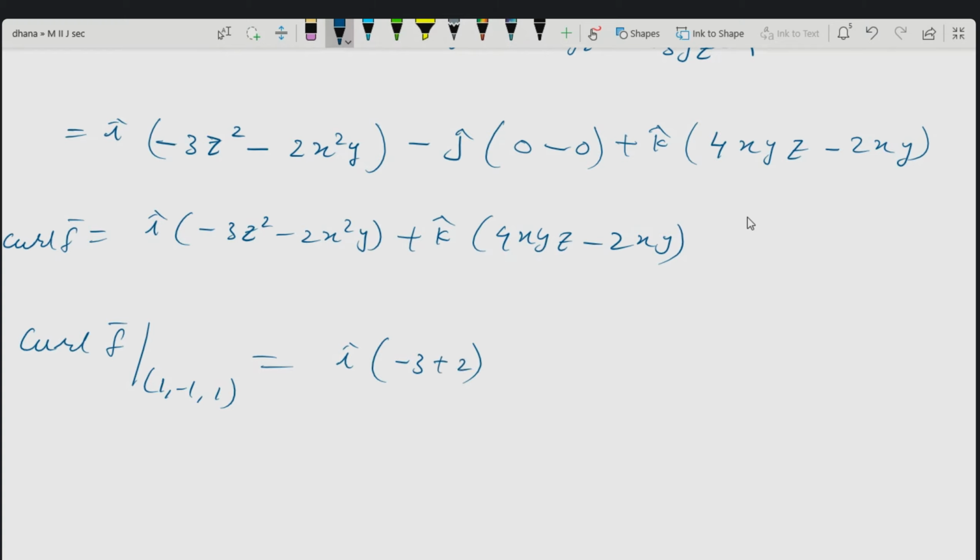Then plus k cap. You have y as minus 1, so minus 4 you will get, plus 2 you will get. So the result will be minus i minus 2k. This is the answer. Got it, all of you? Yes, ma'am.